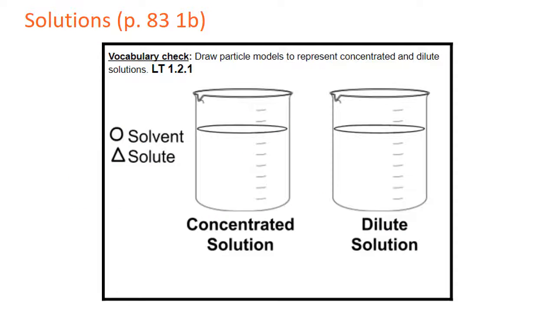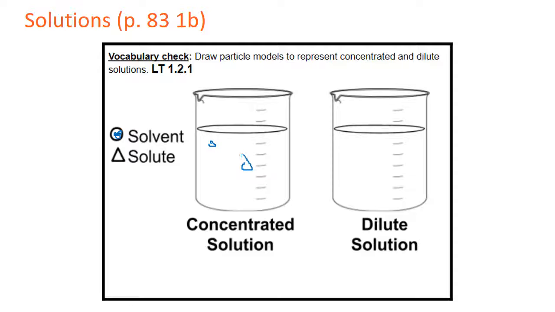And lastly, we have one more check here. Go ahead and draw particle models to represent concentrated versus dilute solutions. Alright, so I'm going to use blue again to represent my solvent molecules. And in a concentrated solution, there is less solvent than there is in the dilute solution.